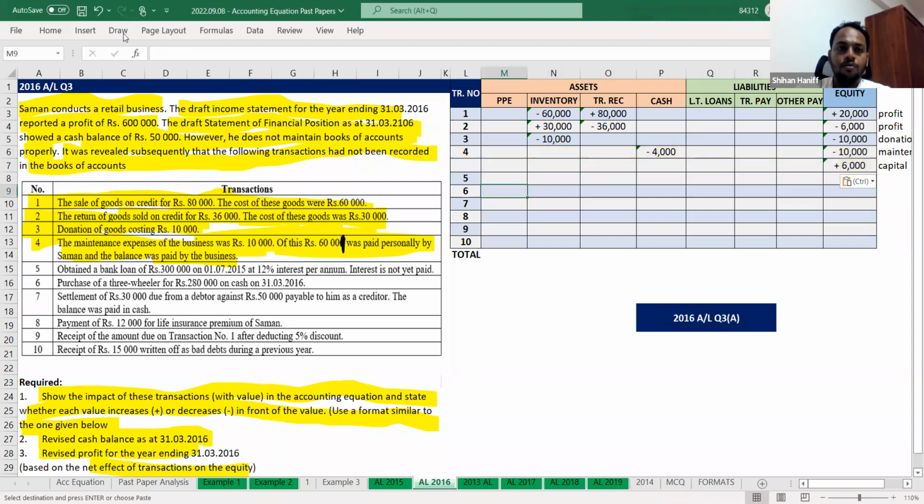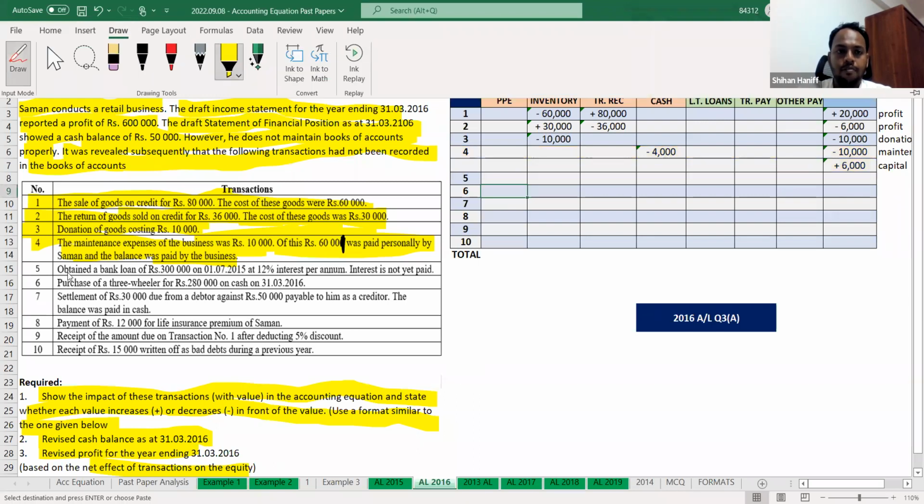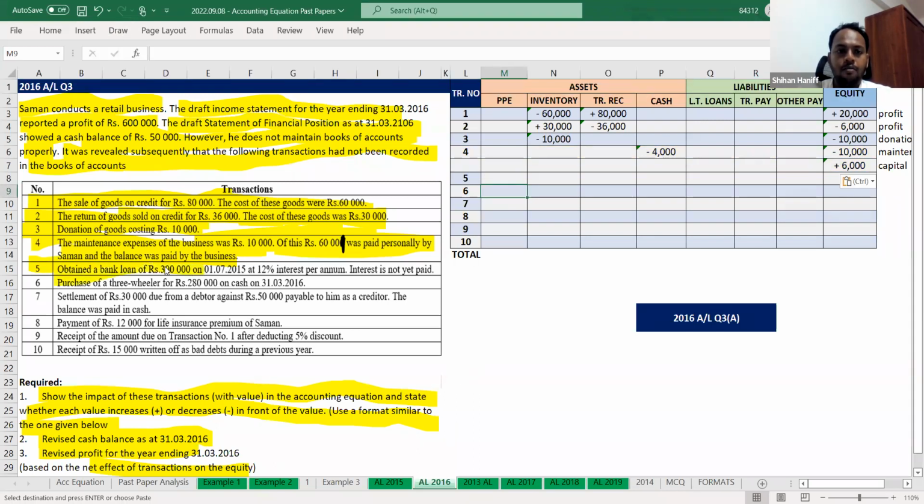Okay, move to number 5. Obtained a bank loan of 300,000 on 1st of July at 12% interest per annum. Interest is not yet paid.